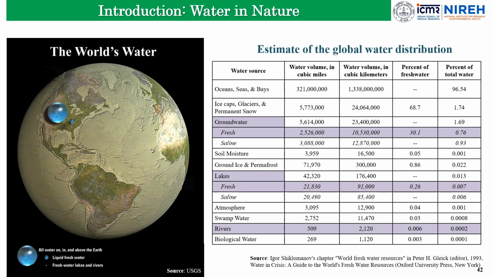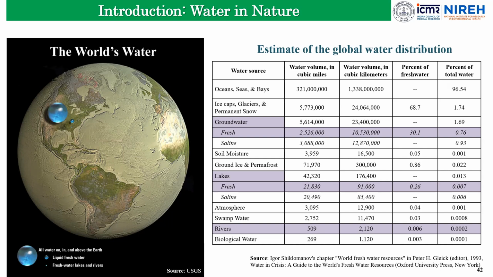So if we exclude that part as well, then approximately less than or maybe just 1% of water is there on the Earth's surface which we can directly use, which is present as surface water resources, like in rivers, lakes, or the underground water that we extract from beneath the earth. So just 1% of the water is there which we can directly use.